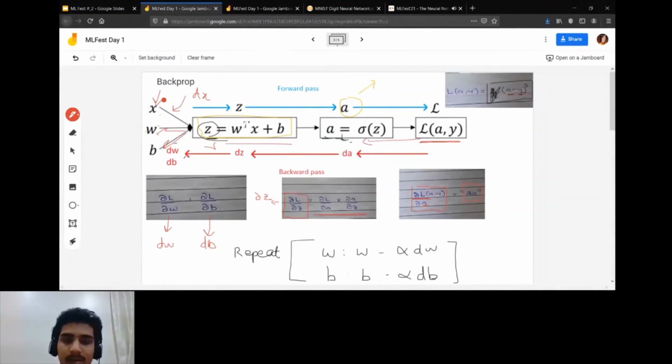So that's why we are differentiating with respect to weights and biases and not with respect to x, because we don't really need that. X is going to be a constant value, and all we can change is weights and biases. So that's why there is no dx.